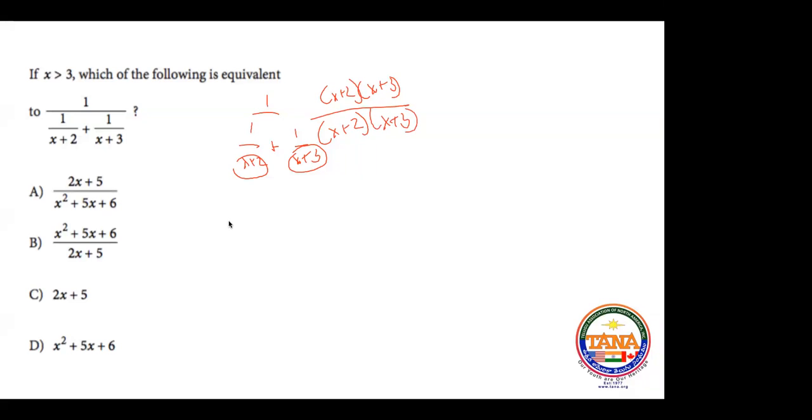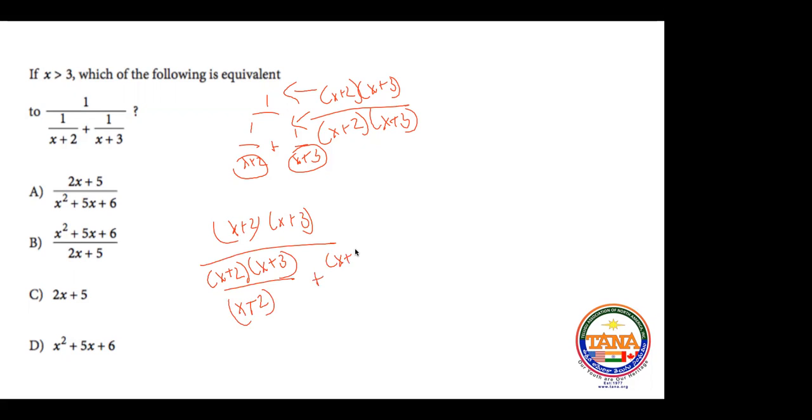And with that, I get x plus 2 times x plus 3, because this goes on top and these go to the middle too, over x plus 2 times x plus 3 over x plus 2 plus x plus 2 times x plus 3 over x plus 3.